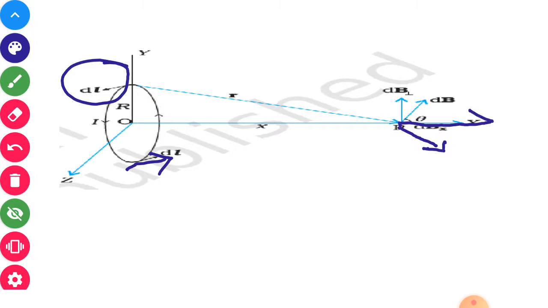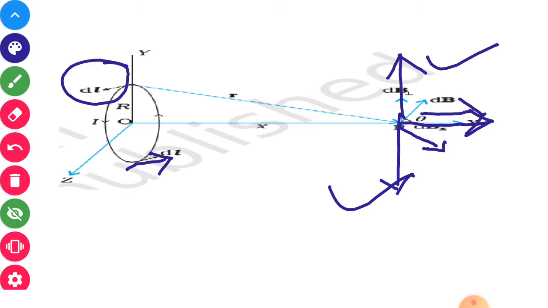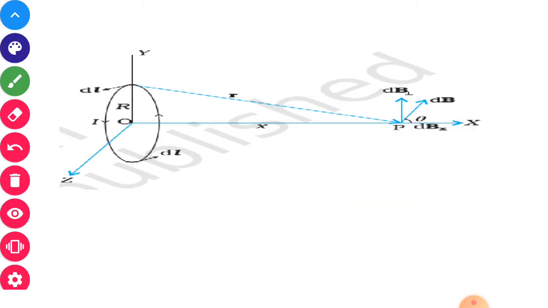Its dB cos theta will be in this direction, and dB sin theta, that is dB perpendicular, will be opposite to the earlier dB perpendicular. So these dB perpendicular components cancel each other's effect, and only the dB cos theta components are responsible for the magnetic field at this point P. So we can now move further.